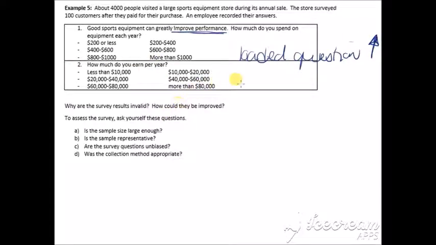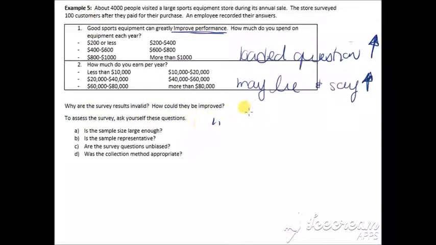Now, how much do you earn a year? This is a very personal question. So people might lie if they don't earn a lot. It's also a pride question, right? So people may lie and say more. Arrow up.